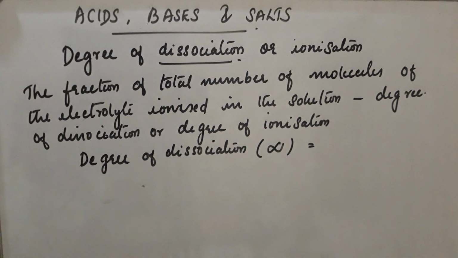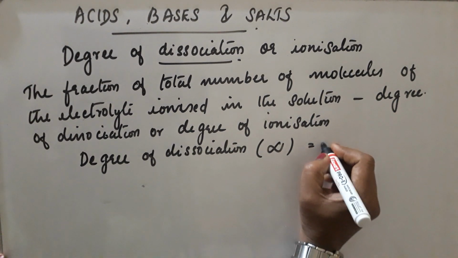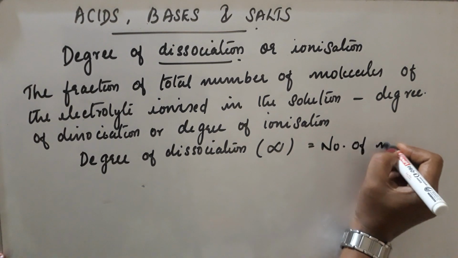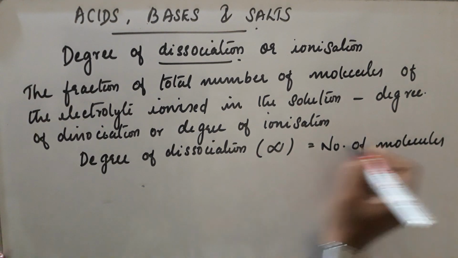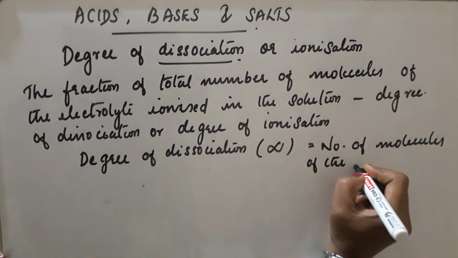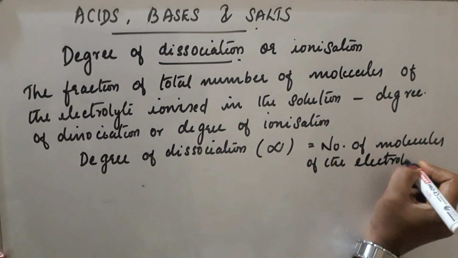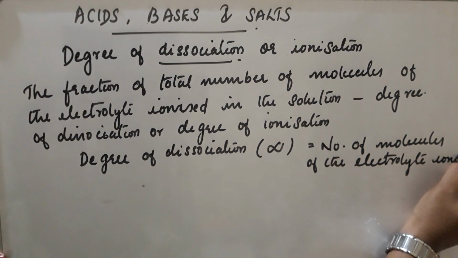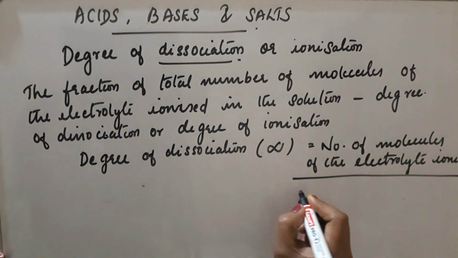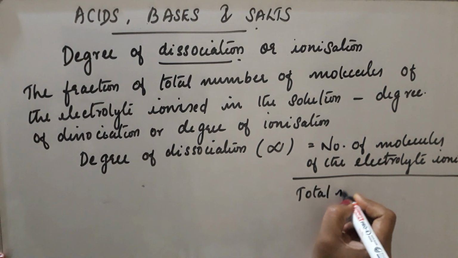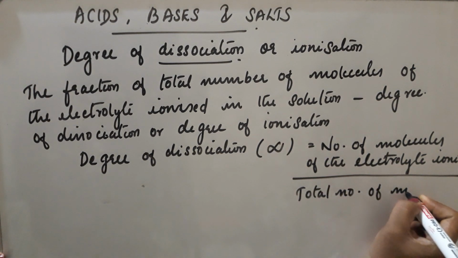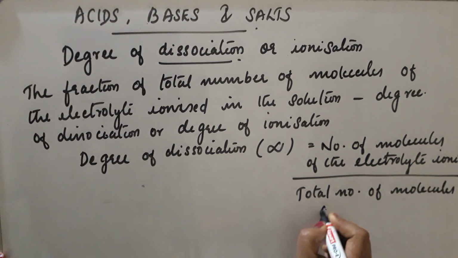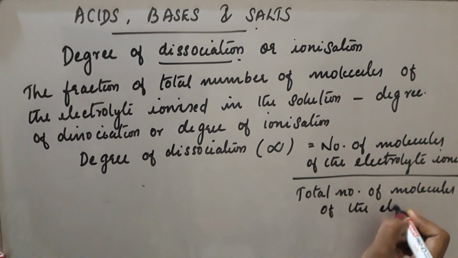This can be calculated as degree of dissociation equals the number of molecules of the electrolyte that ionize in the solution divided by the total number of molecules of the electrolyte in the solution.